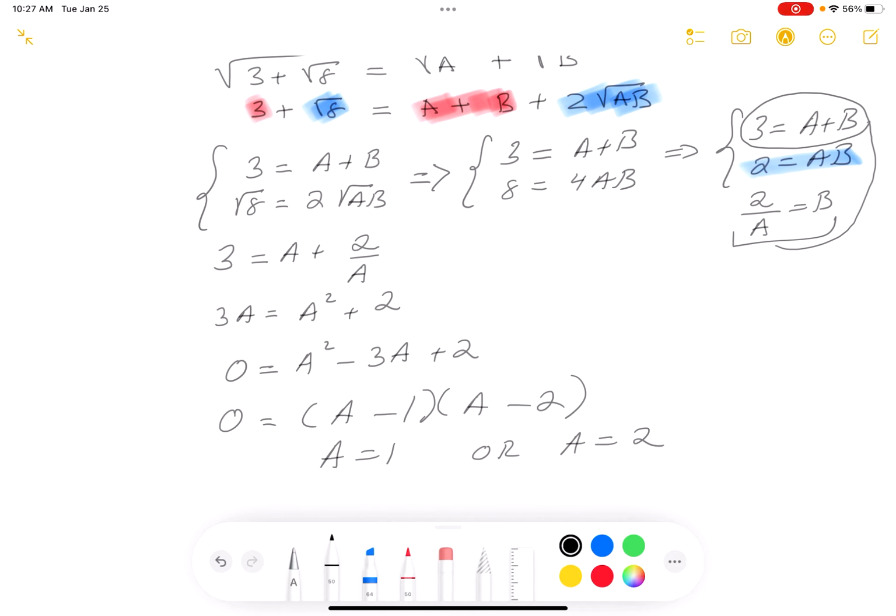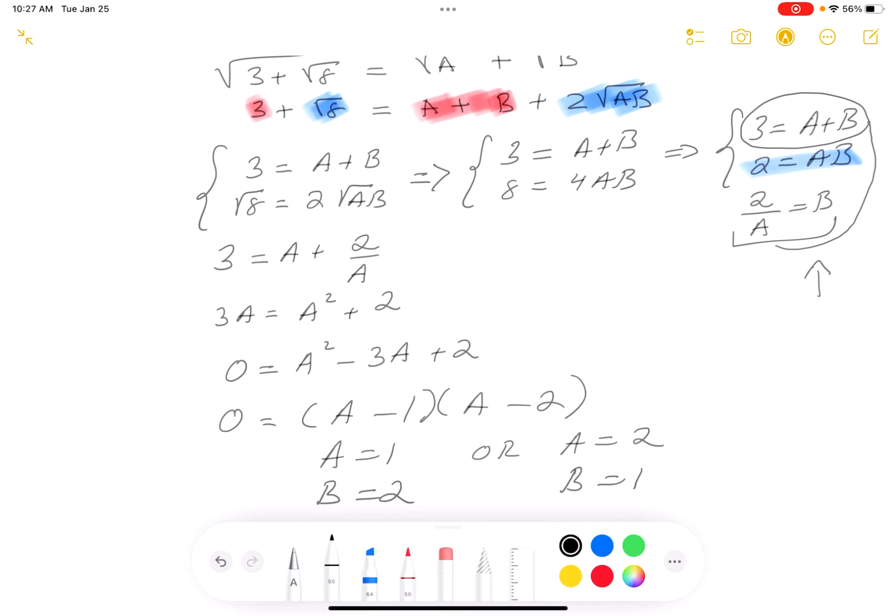Now, looking back to the original system, if A is equal to 1, B would be equal to 2. And then if A is equal to 2, B would be equal to 1. So what do I now know? I know something pretty simple.